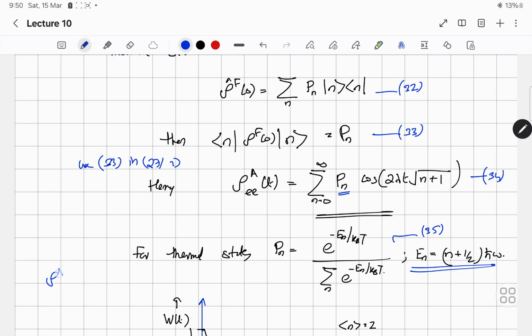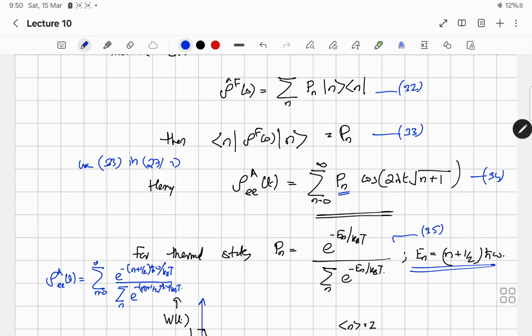So rho_A,EE(t) is the sum over n equal to 0 to infinity of e raised to minus (n plus half) h-cross omega divided by k_B T, divided by the sum over m of e raised to minus (m plus half) h-cross omega by k_B T, times cos of 2 lambda t square root of n plus 1.